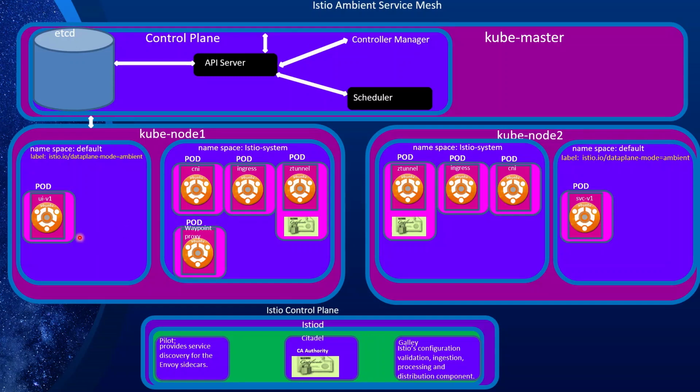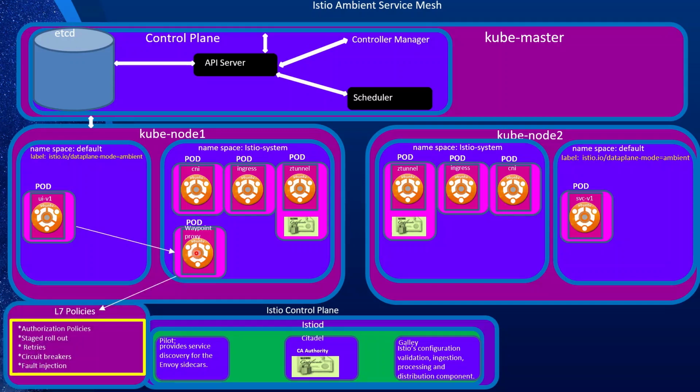And then at this point, let's say this UI wants to make a call to its service on the other side. The call will be intercepted because that will be managed by this waypoint proxy here. And it will check to see if there are any authorization policy, and every policy that might apply to this.